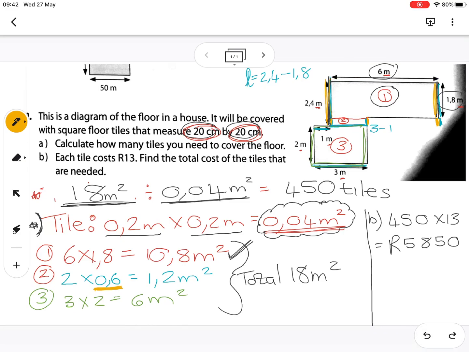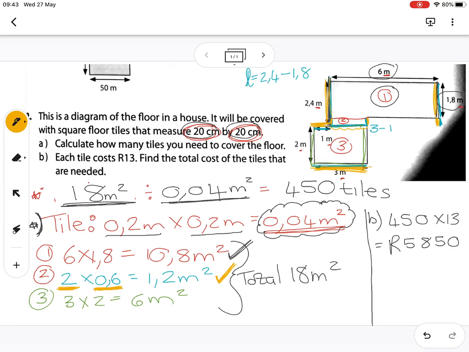I did the 3 meters down here minus the 1 meter that you see here. So this 3 minus that 1 leaves me with this length, and that's how I got 2. So here's the 2. I have a rectangle of 2 by 0,6, giving me a 1,2 area for that little part there.